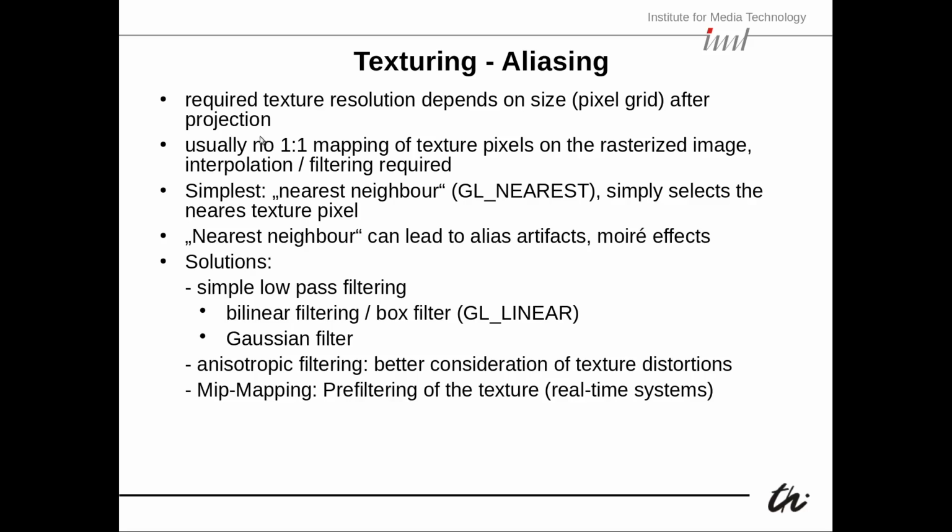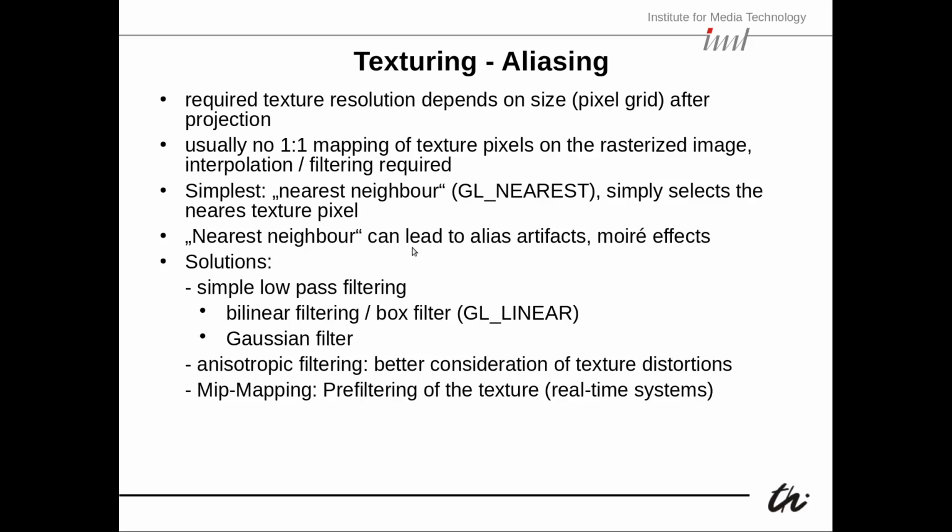So usually there is no one-to-one mapping of texture pixels on the rasterized image, meaning for our virtual camera and displaying on our display. So we need interpolation or filtering. And the simplest of these interpolations or filtering is the so-called nearest neighbor approach. In OpenGL it's called GL nearest, and this simply selects the nearest texture pixel to our virtual camera pixel.